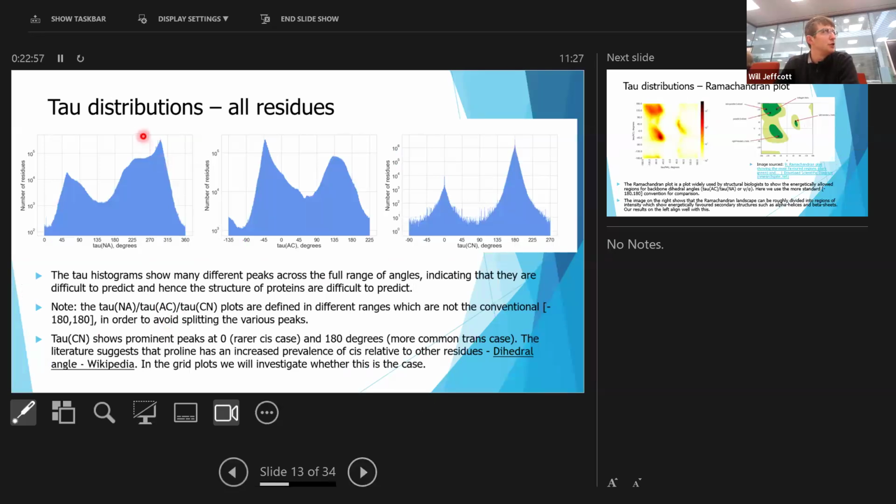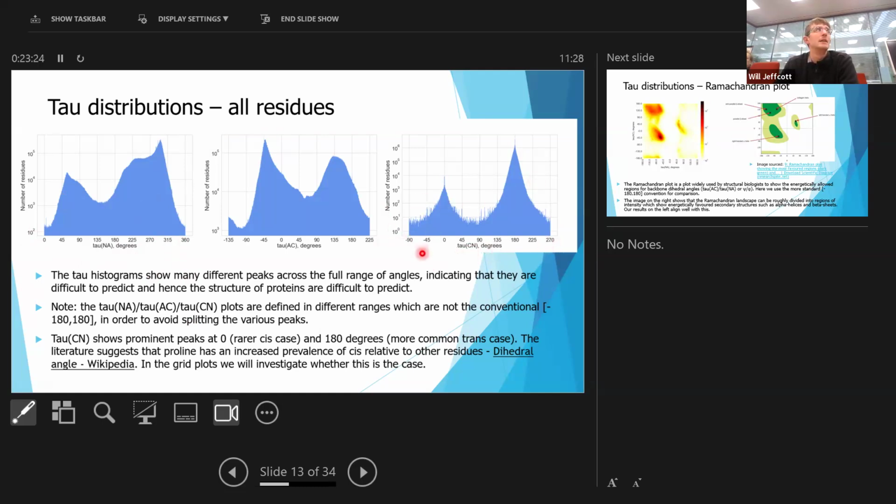Where we have more variation is in the tau distributions. It's worth noting that for these histograms, we plotted slightly different ranges rather than the standard minus 180 to 180 degrees. For example, the tau CN plot here goes from minus 90 to 270.